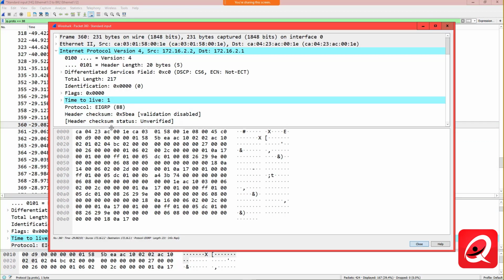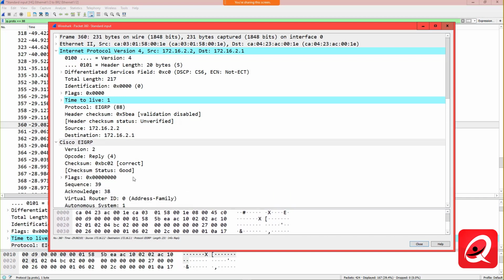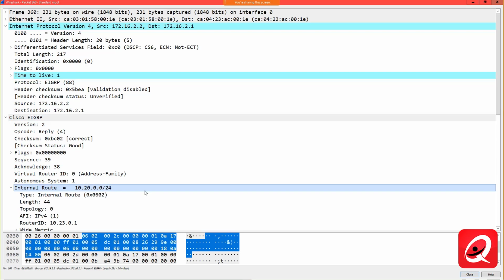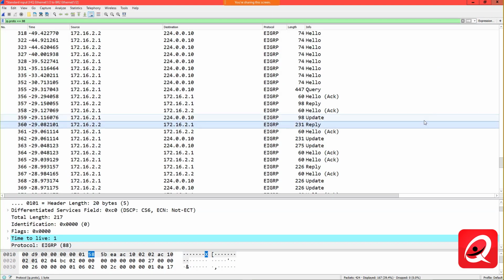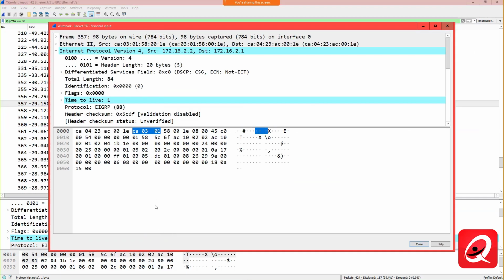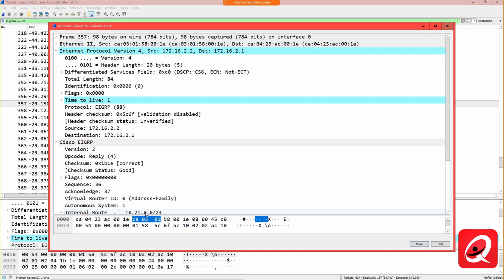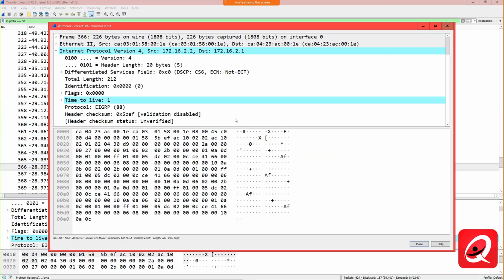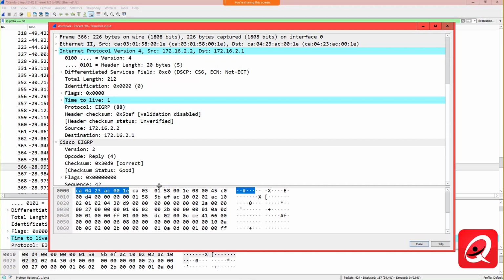So what's interesting is that even though the query is a single datagram that's going out to the neighbor, we're sending a reply for different destinations. So that's the 10.20. This guy here was the, can't remember which one it was, 10.21. And this reply here most likely is 23.